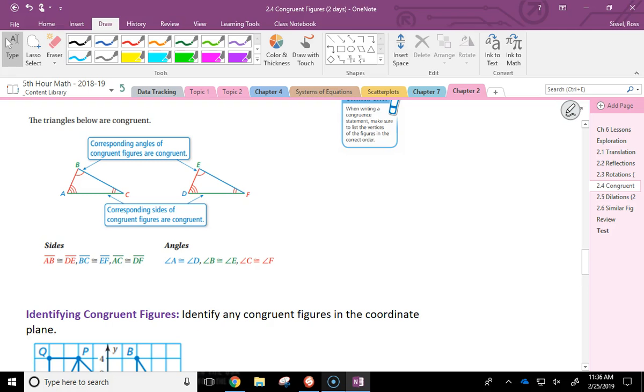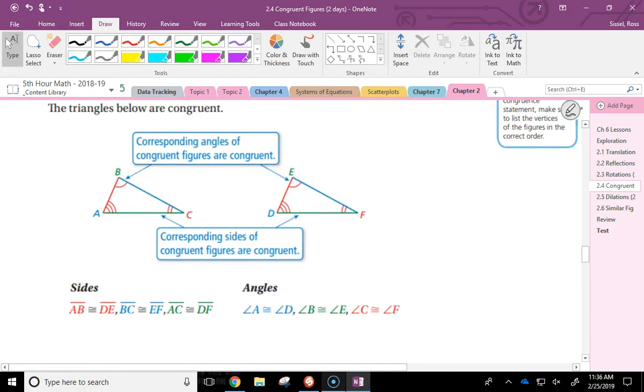So if I look at this example, the triangles are congruent. When we say they're congruent, it means all of our angle measurements are the same and the side lengths are the same. An important thing when we're identifying our triangles, angles and sides is that we do that through the vertices, through their points.